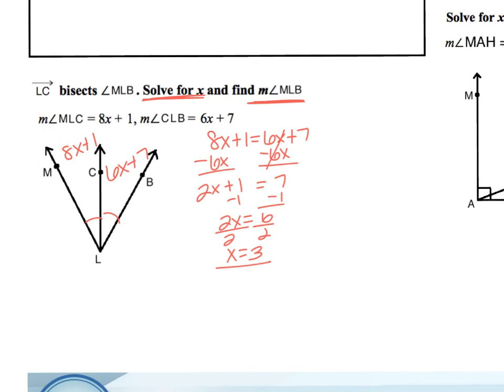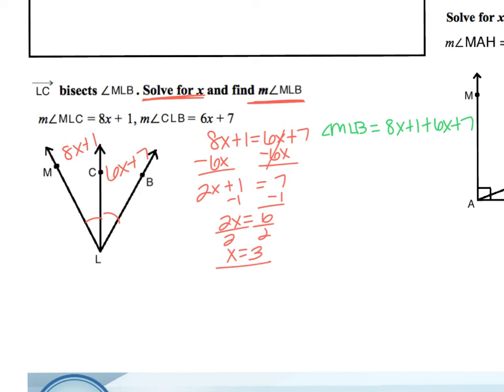All right, so now we're trying to figure out what the whole enchilada is. Sorry, I'm hungry and I like Mexican food. Actually, let me back up. Angle MLB is equal to 8X plus 1 plus 6X plus 7.